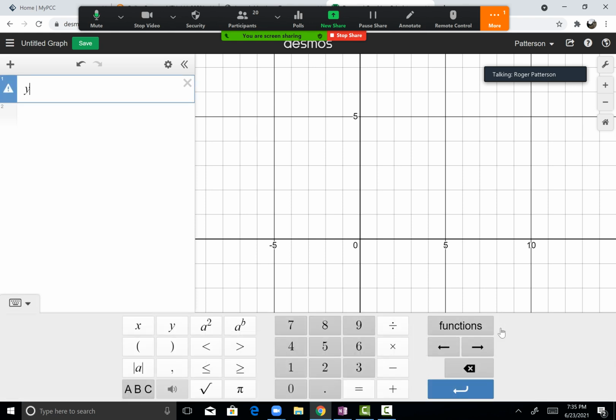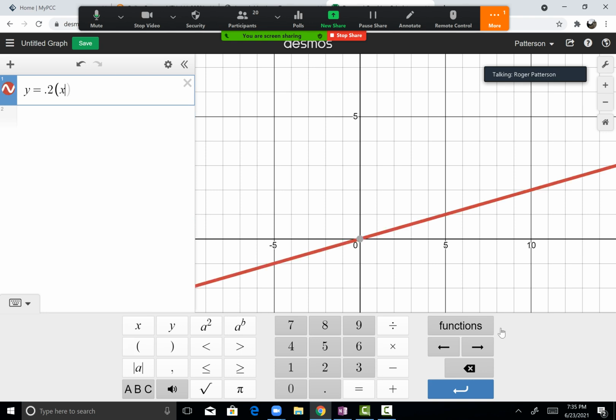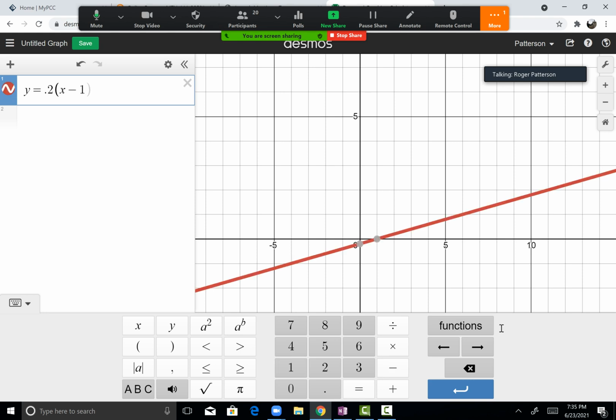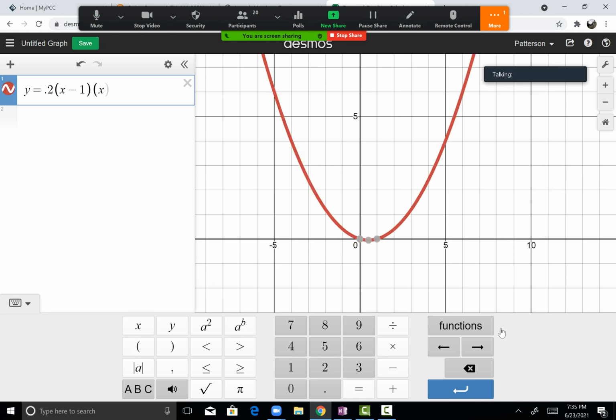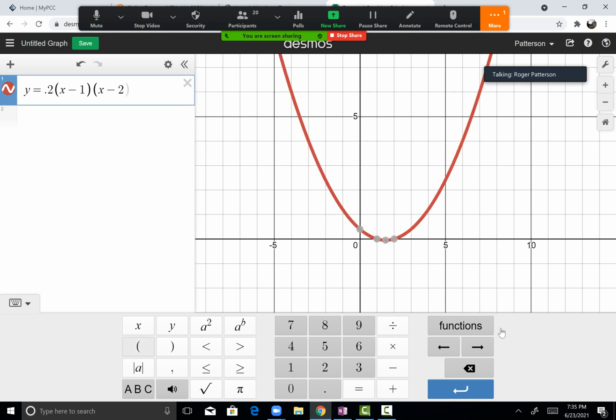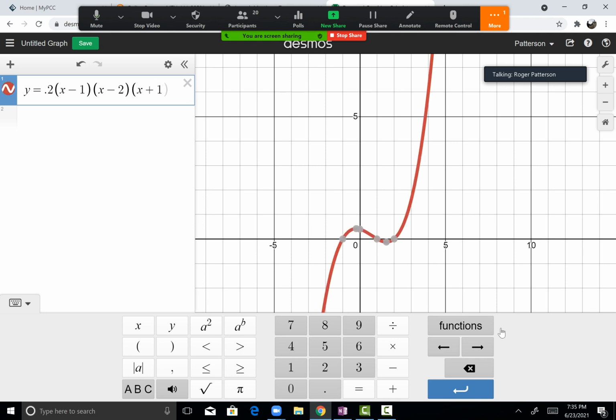So I'm going to go y equals 0.2, and actually let's put it like this, x minus 1, x minus 2, let's go with that, x plus 1, okay. All right, and we'll leave it like that.